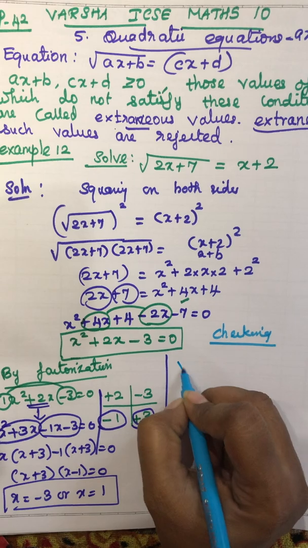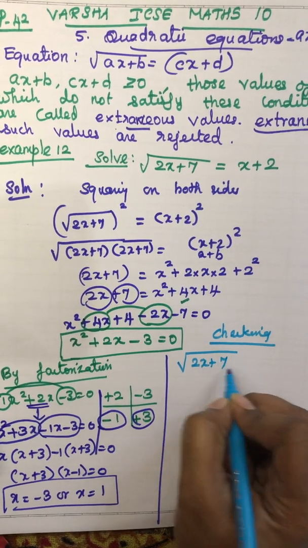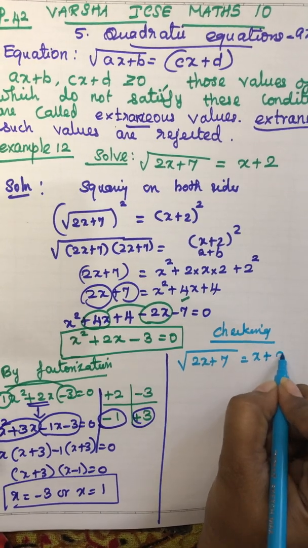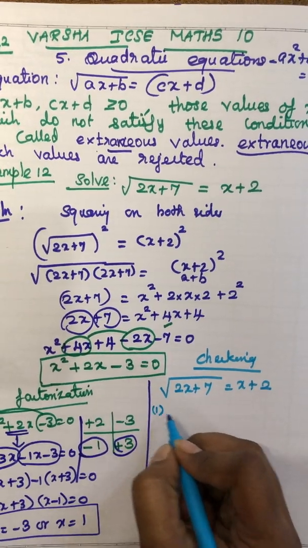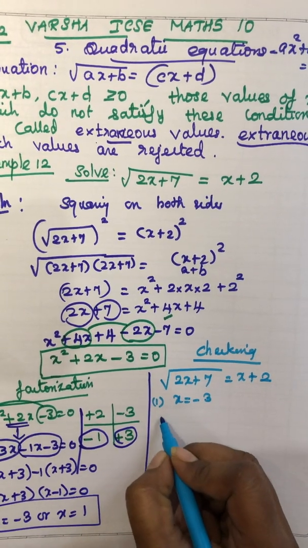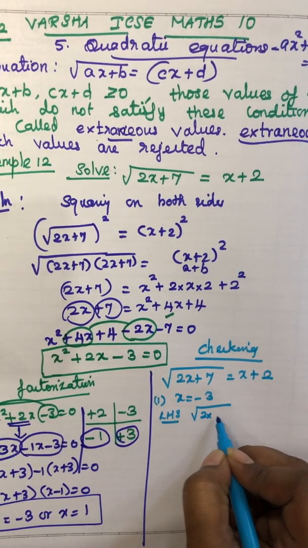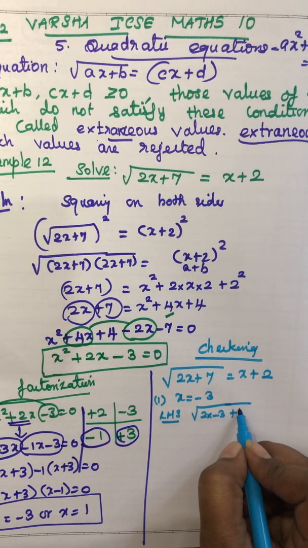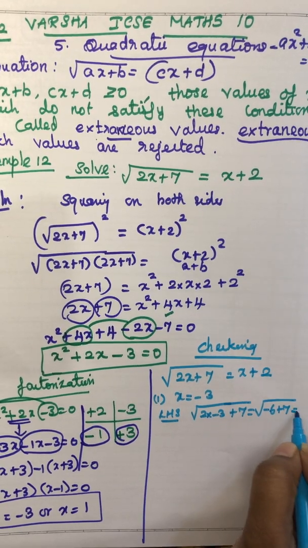So take your question, root of 2x plus 7 equal to x plus 2. First, you have to give the answer for x is equal to minus 3. So take your LHS and RHS. This is root of 2 into minus 3 plus 7. So this is minus 6 plus 7, so you get plus 1.